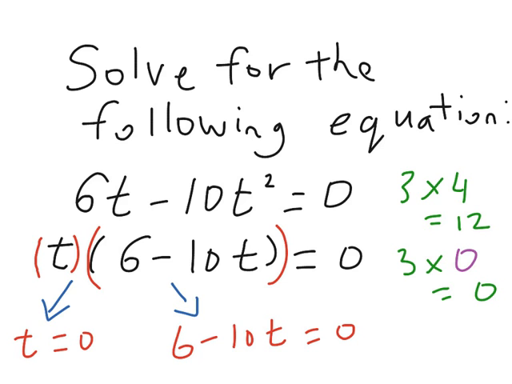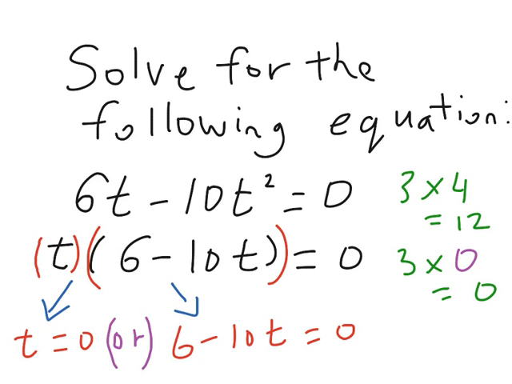Again, we know that there are two numbers here. The first number is t. T is a variable, but it really just stands for a number. 6 minus 10t is also just a number. So we know that either t equals 0 or 6 minus 10t equals 0.